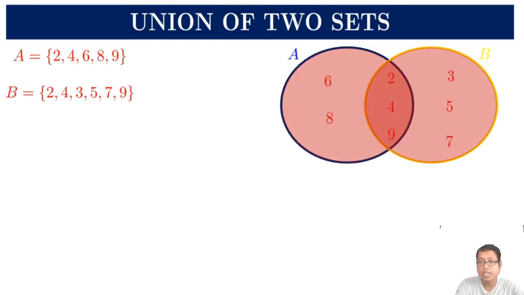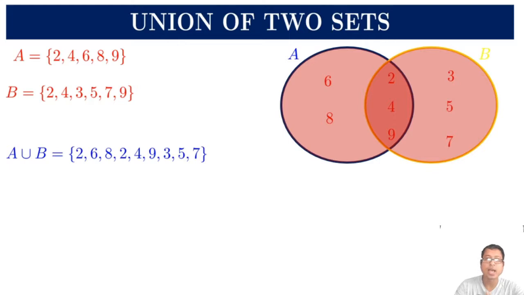Now from here, what does the union mean? That means the elements present inside the shaded portion are known as the union of these two sets A and B. So we can say A union B is the elements which are inside the shaded portion. Those are 2, 4, 6, 8, 9, 3, 5 and 7.